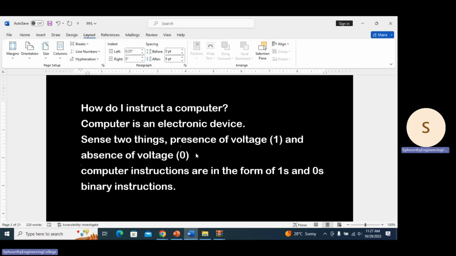Everything given to a computer should be in the form of binary instructions.